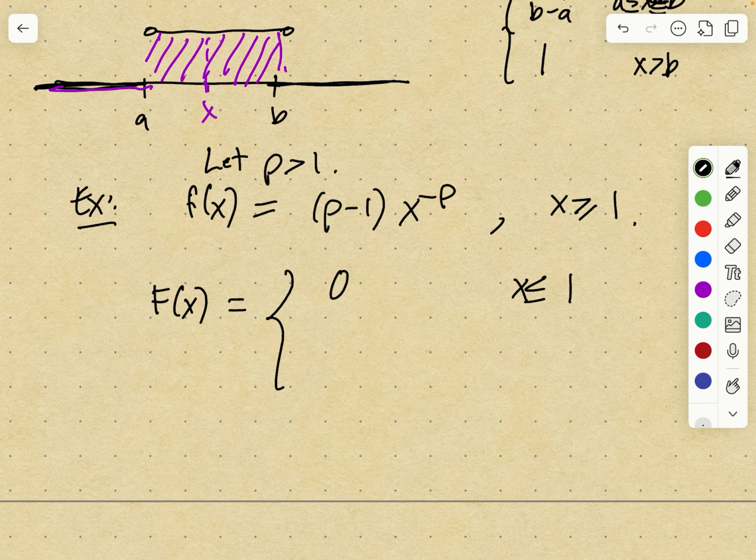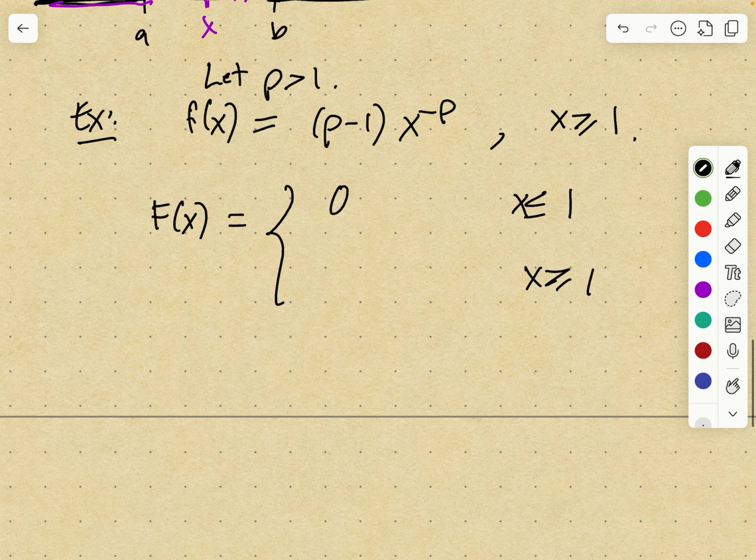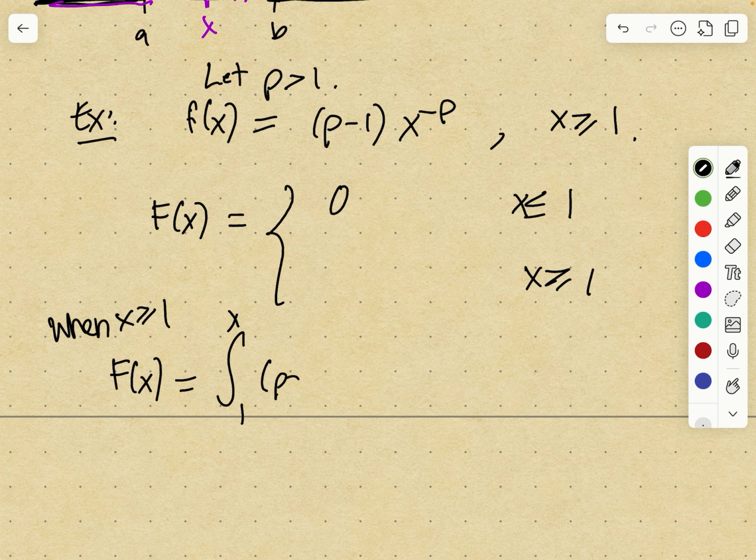And when x is greater than or equal to 1, then you're integrating from 1 to x of f of t.